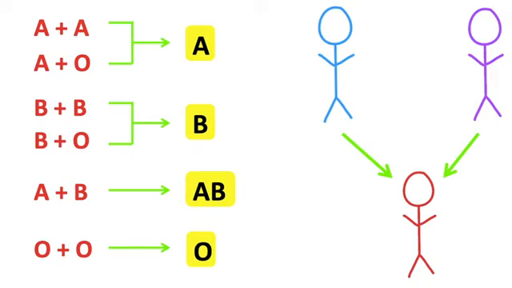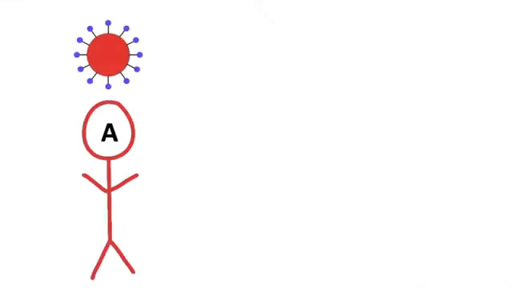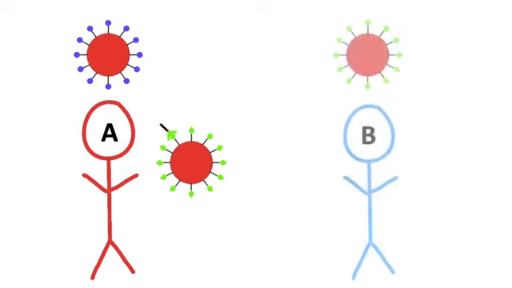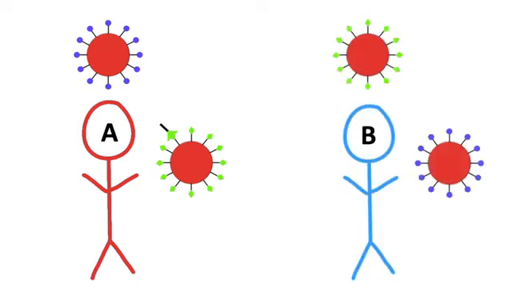For example, if someone with group A blood is given group B blood, then their anti-B antibodies will attack the group B cells. This can cause blood clots. This is the same if someone is given type A blood, but they're actually type B. Their anti-A antibodies will attack group A cells.